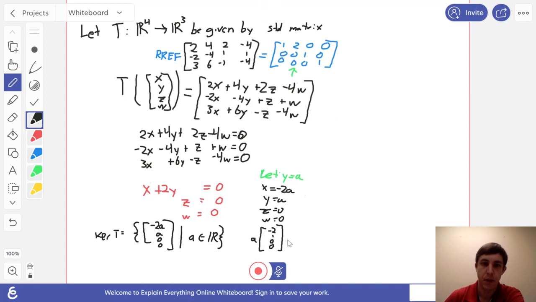And if we had additional free variables, we could factor those out as well. So what we end up with is a basis of the kernel of T is simply the single vector negative 2, 1, 0, 0.